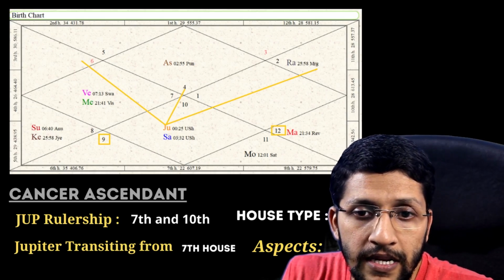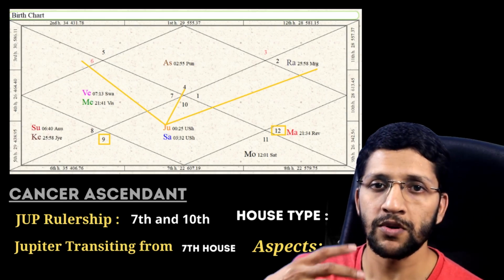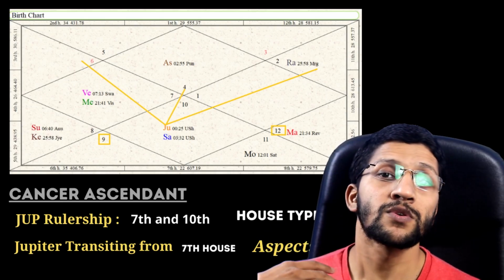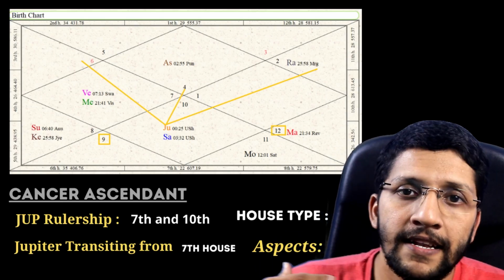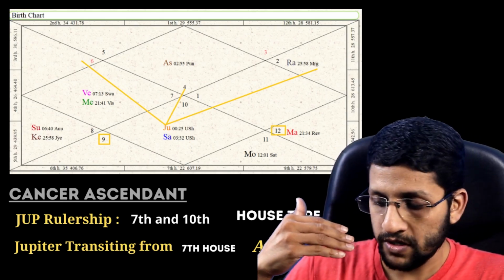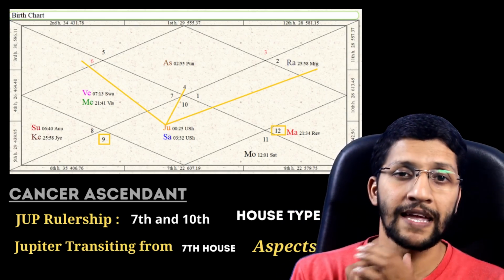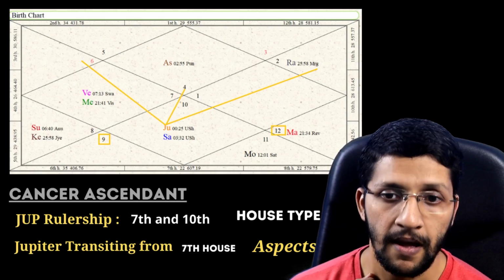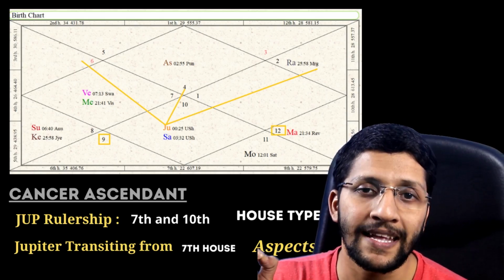Now, it is also aspecting the 1st house, which is about yourself, and now it is going to change yourself, and you might also feel some kind of friction because of the involvement of the 6th house lord. But at the same time, it will bring in positivity with the 9th house lord.